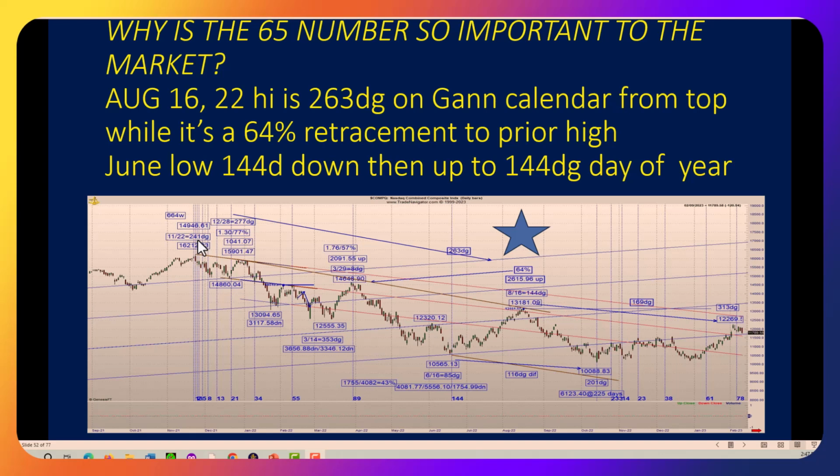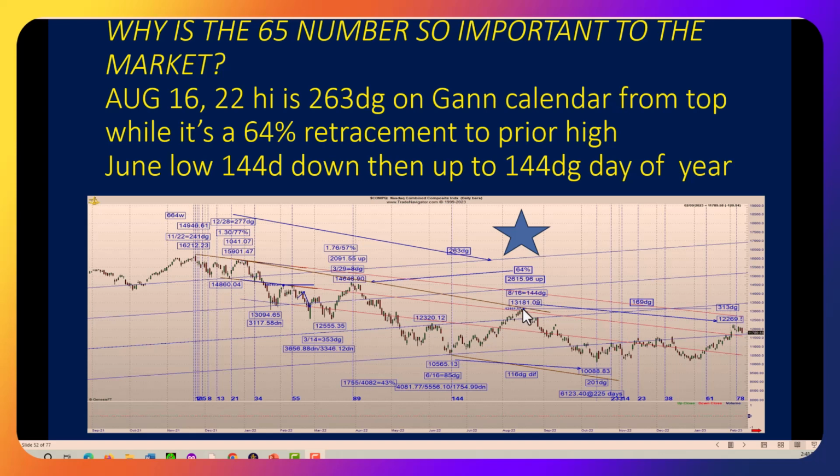In any event, let's take a look at some of these calculations and see how this embeds. I'm not going to get into all of this stuff because not everything applies to what we're talking about in this video. But what I can tell you is that the first leg down is 143 days, 143 trading days. Then we had a tremendous rally into August 16th.